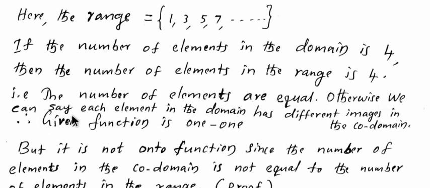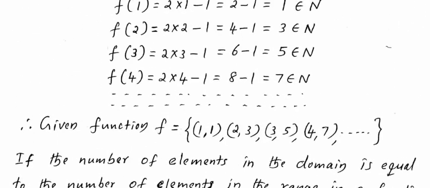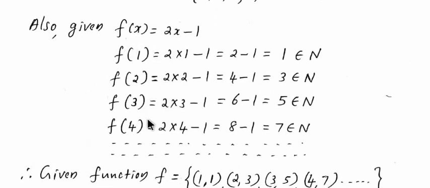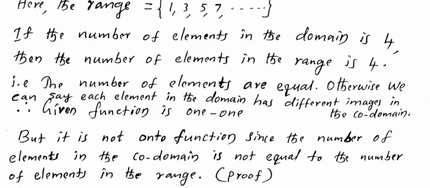Otherwise, we can say each element in the domain has different images in the codomain. These elements are different. Therefore the given function is a one-one function.